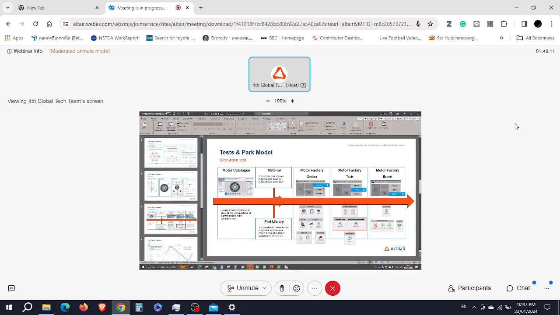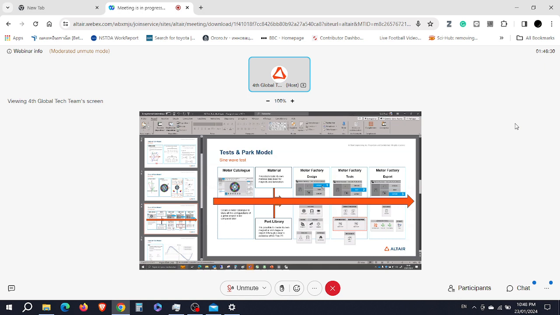The tests you are going to do are in Motor Factory test, and since there are no magnets on the rotor, we are not going to talk about cogging torque, and we are not going to talk about back EMF.